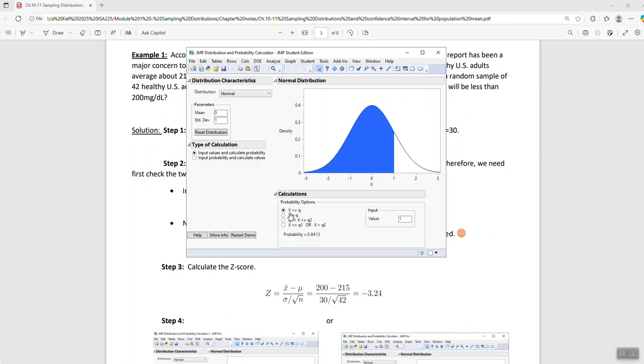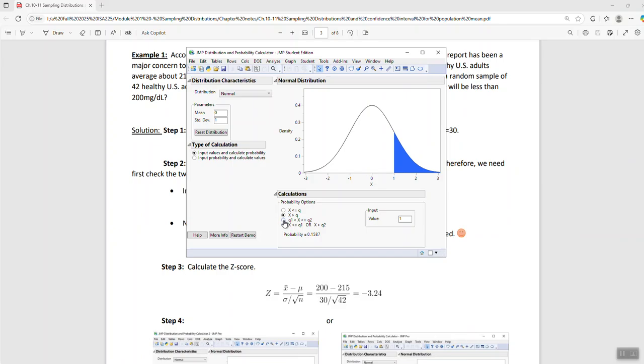So that means we are looking for the area or the probability to the left of your z, which is the one we are looking for here in this example, right? You can also choose the other option: we are looking for the probability to the right of your z.